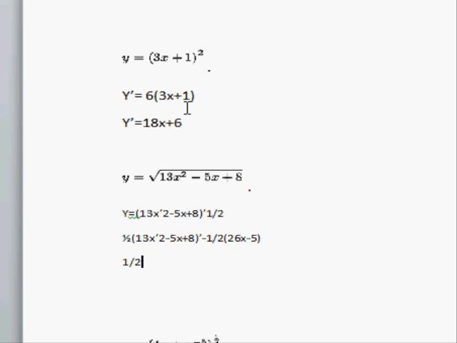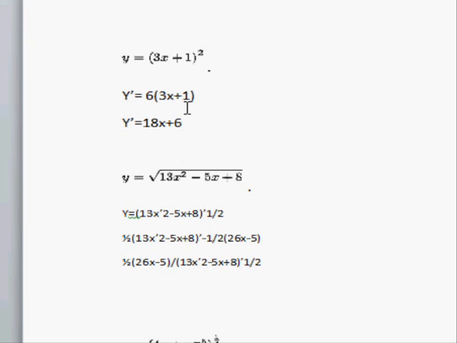So next, we leave the 1/2 times 26x minus 5, and we send down the negative power, divided by 13x squared minus 5x plus 8 to the 1/2 power, or square root, as you may wish to put it.